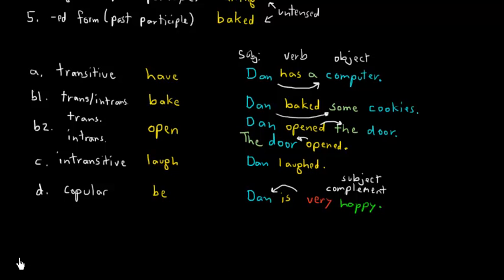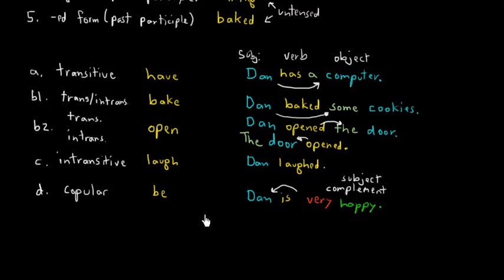So with that, those are the four or five types, again, depending on how you want to count them. There's the transitive, there's the two versions that can be either transitive or intransitive. There are the ones that are always intransitive. Again, that's a rather small group. And then there's an even smaller group, and those are the copulars.